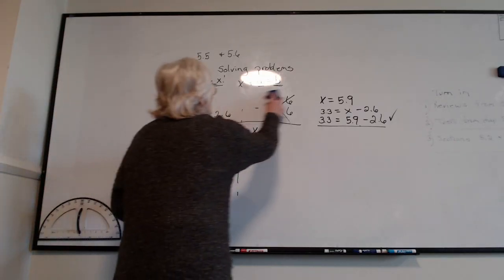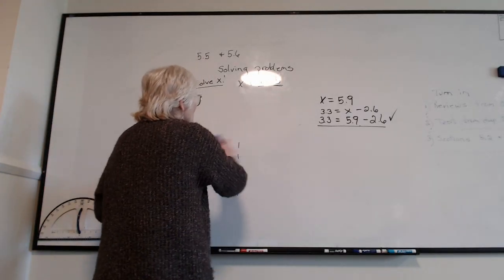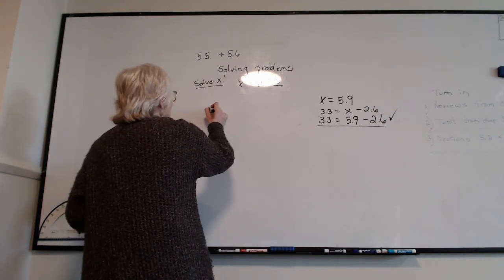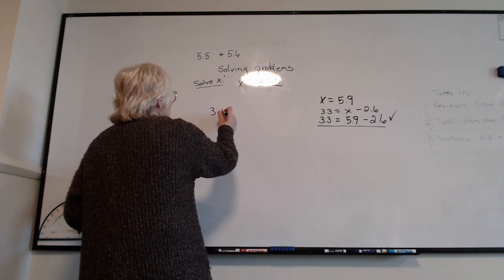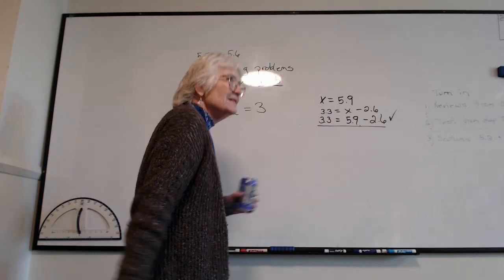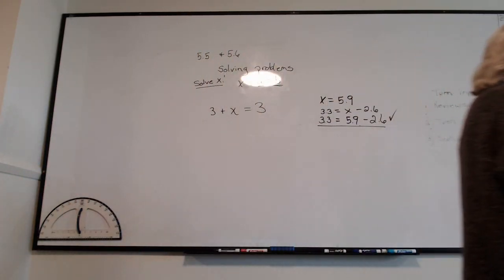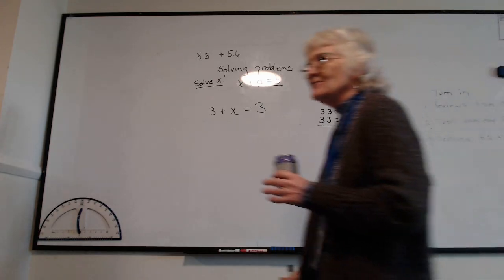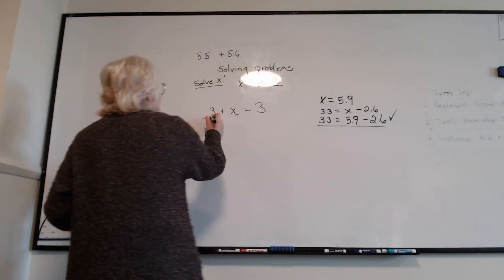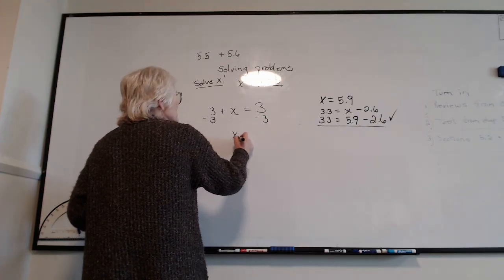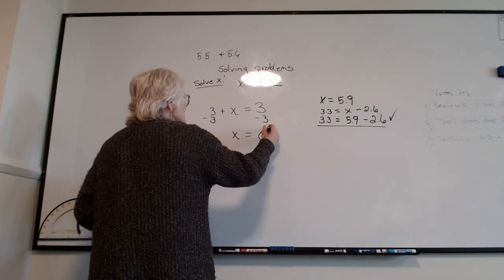So if I gave you a problem like this, which yes, I'm probably going to say you don't really need to do any work, but if I gave you 3 plus x equals 3, I think most of you could guess right now. 0. It's 0. x equals 0. But if I subtracted the 3 here and subtracted the 3 here, that would give me x equals 0 also.